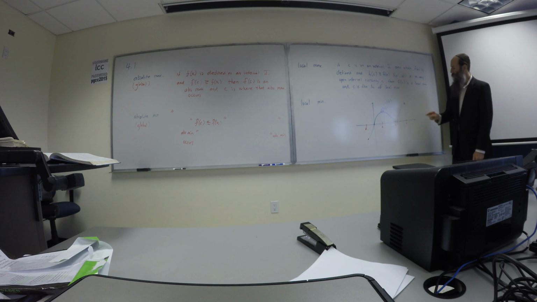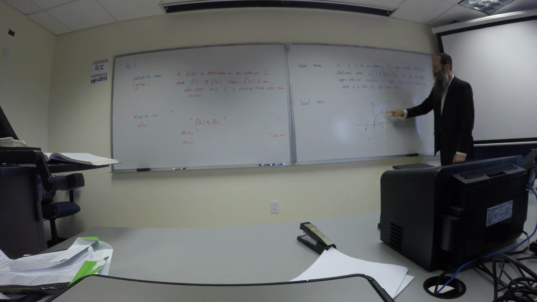So as this function moves up here to this hole, it's getting higher and higher forever. It's certainly heading towards a fixed value, but it's always growing. It never stops at some little point right before c to claim that would be the highest location, right? So does that make this the absolute maximum? Yes.